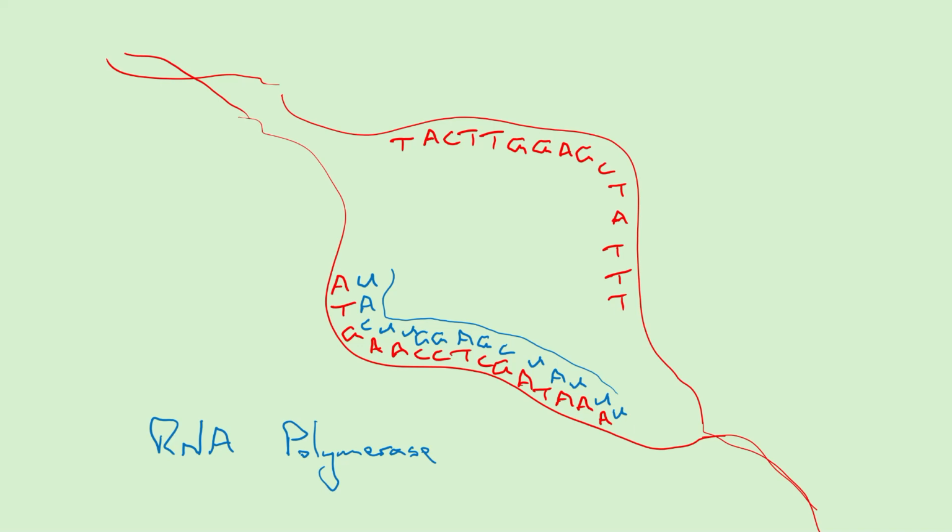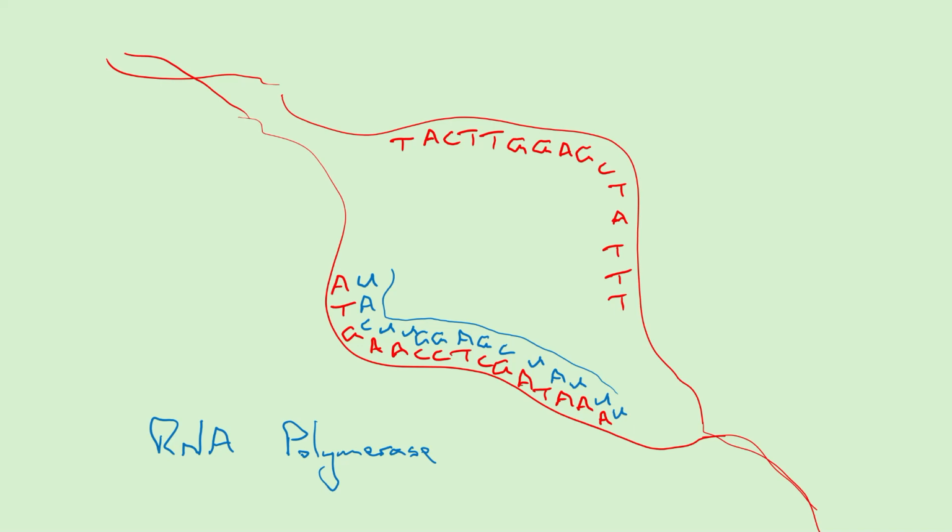One key difference is that RNA uses the base uracil instead of thymine. So you can see on this little diagram here, instead of a T, the RNA molecule being formed has a U. So it still has the other bases the same as DNA. It has A, C, and G, but it has uracil, a U, instead of the T, instead of thymine.